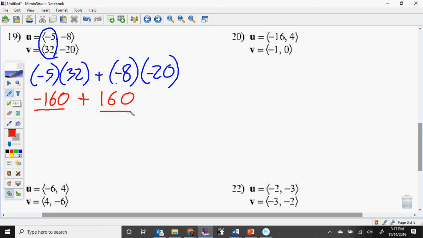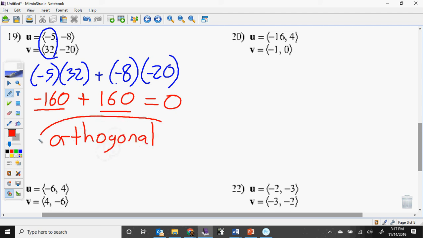Negative 160 plus 160 does equal 0. So because the dot product equals 0, orthogonal. Alright, so that is an example of all three types.